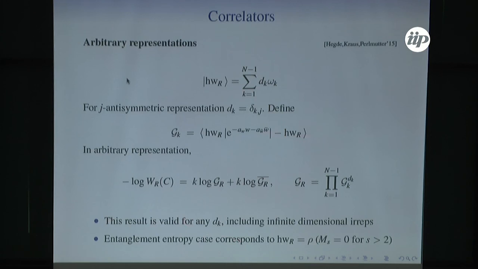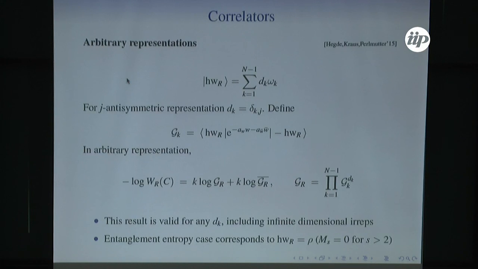You can write the expression for the Wilson lines as a product of these matrix elements for antisymmetric representations with appropriate powers. And in this case, you can analytically continue from finite dimensional representations to infinite dimensional representations with non-integer conformal dimensions.